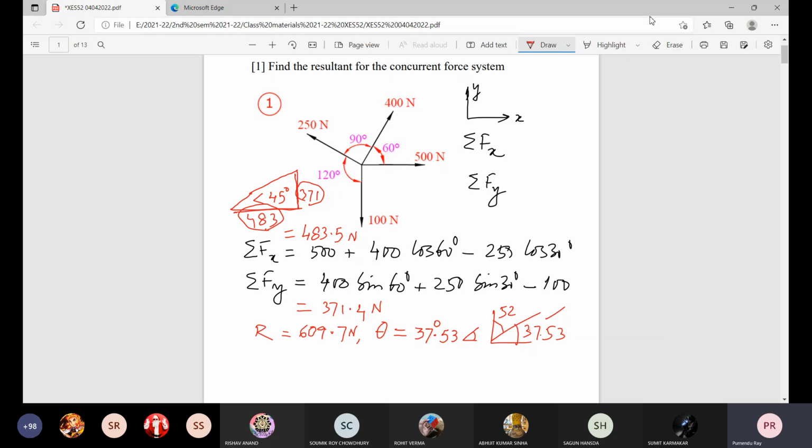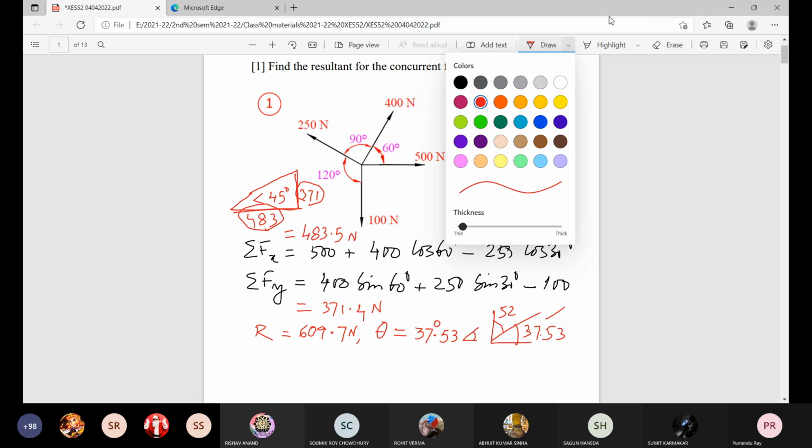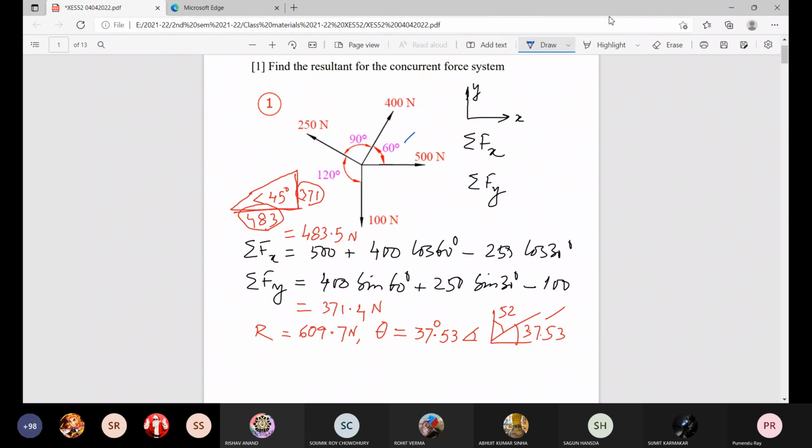Now, in all these cases, the geometrical information is very important. In this problem, the geometrical information corresponds to these angles, 60 degrees, 90 degrees, 120 degrees. And this angle is not directly given, so you have to calculate 180 minus 90 minus 60, so it is 30 degrees.